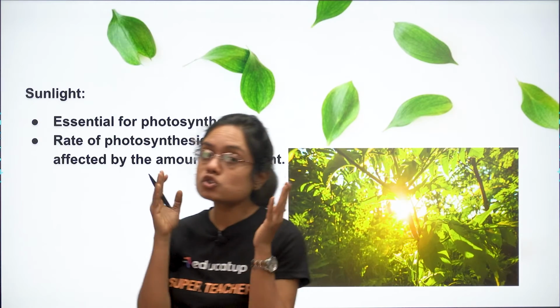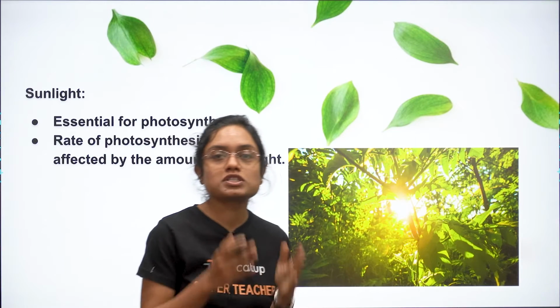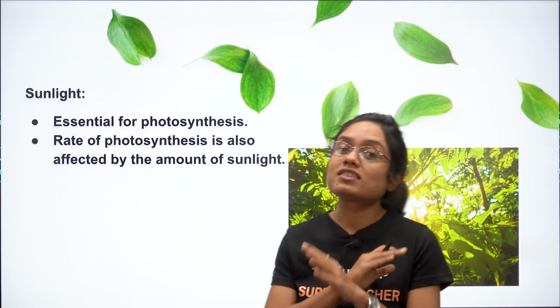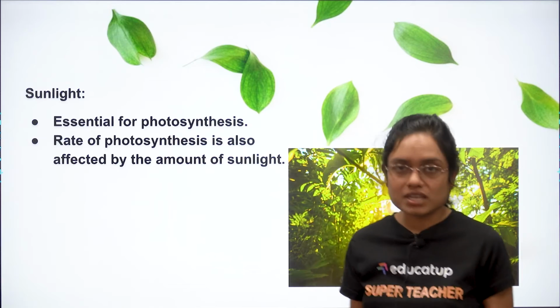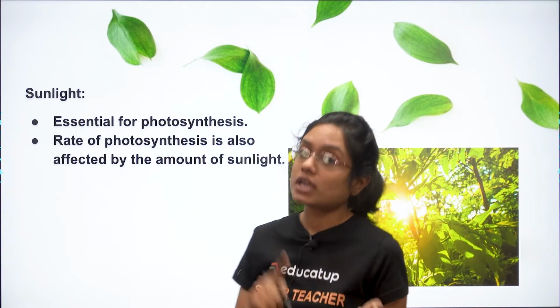Sunlight. एक्सट्रीमली एसेंशियल फॉर फोटोसिंथेसिस. अगर धूप नहीं है, सूरज की रोशनी नहीं है, तो फोटोसिंथेसिस नहीं हो सकता. इट्स वेरी क्लियर. इवन the amount of sunlight changes the rate of photosynthesis.